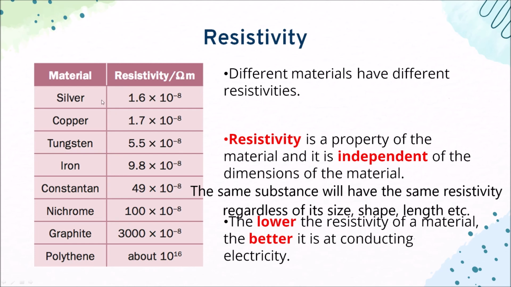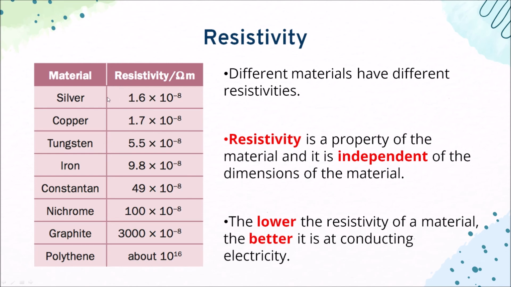So we have some materials over here. Silver and copper basically have very low resistivity, so it means that they are very good conductors of electricity as compared to tungsten or nichrome. And you can see that plastic actually has such high resistivity that it is almost impossible to have current passing through it, whereas this is so much lower.